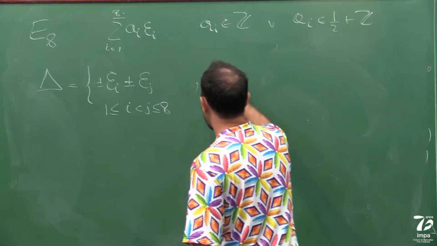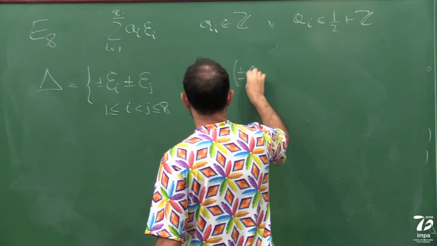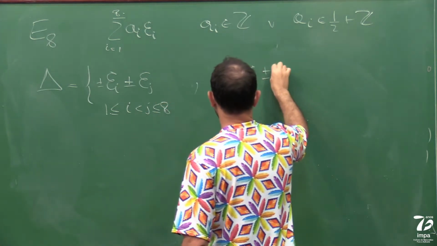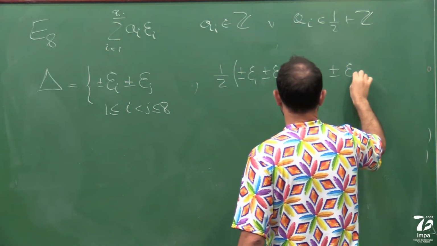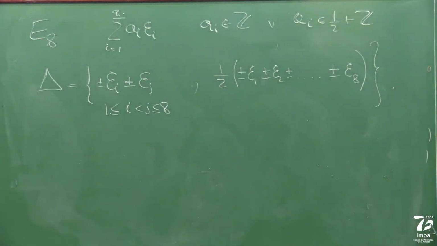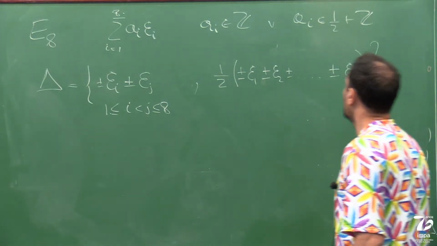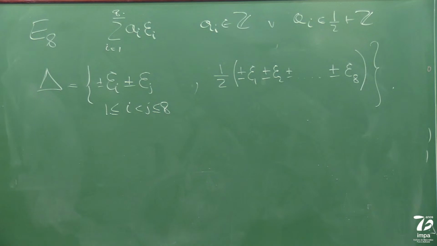But then you also have one half of plus or minus epsilon 1 plus or minus epsilon 2, up to plus or minus epsilon 8. And there's a bunch of those, 2 to the 8 of them, since you get to choose the signs of each one. So this is the root system.